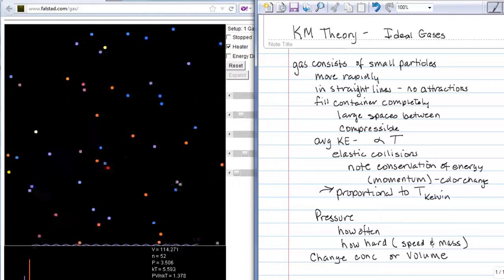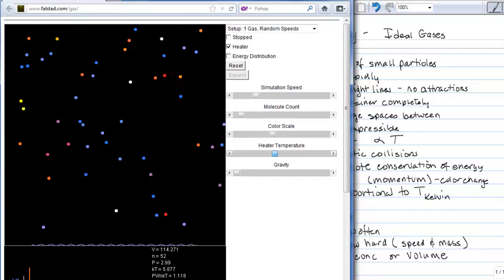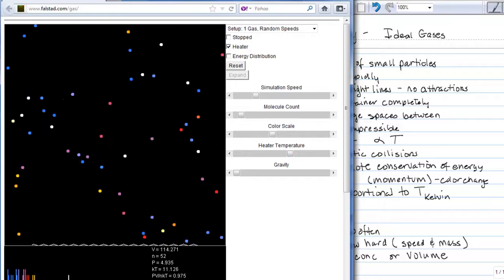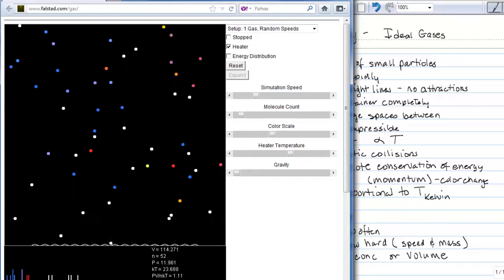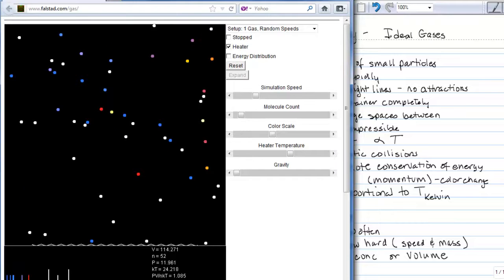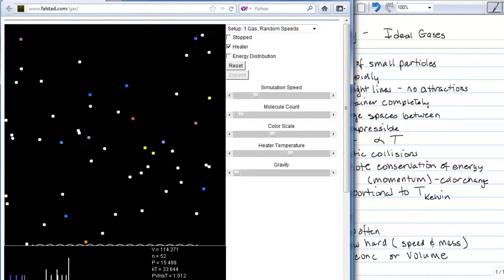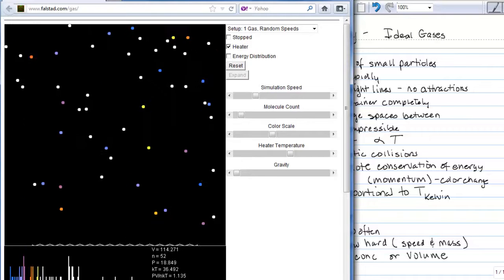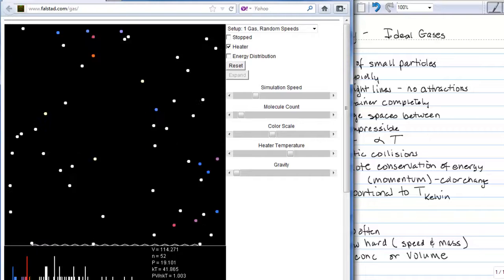Now, we can change a couple things here, and in fact, if I change the heater temperature, we should see these things. You can see the color change, and you can see that the kinetic energies are spread out, and we have a lot more of the white ones, which represent the fastest ones.